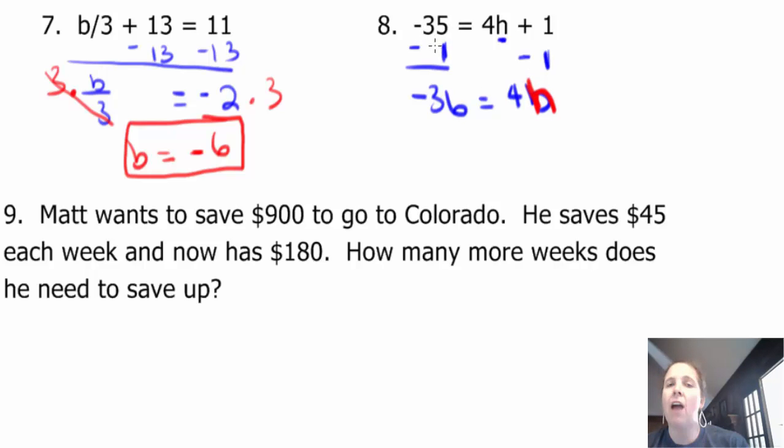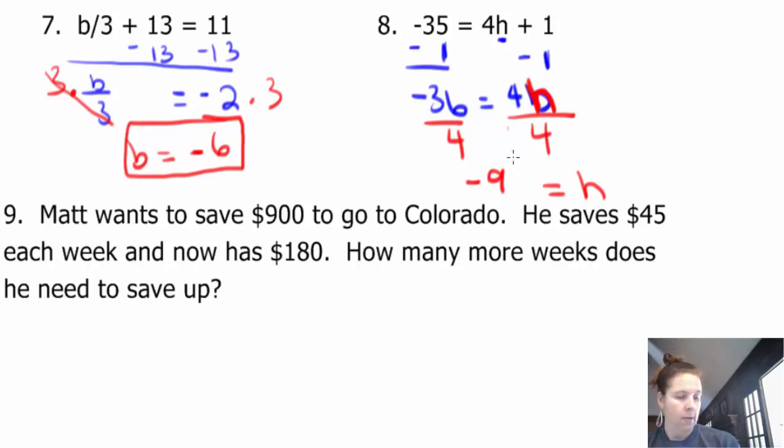A negative 35 plus a negative 1. So this takes us back to our adding and subtracting integers. So that gives you negative 36, divide by 4. So h equals, what, negative 9? Yeah.